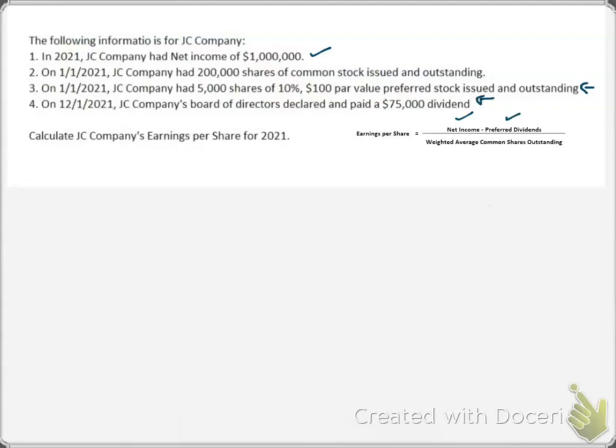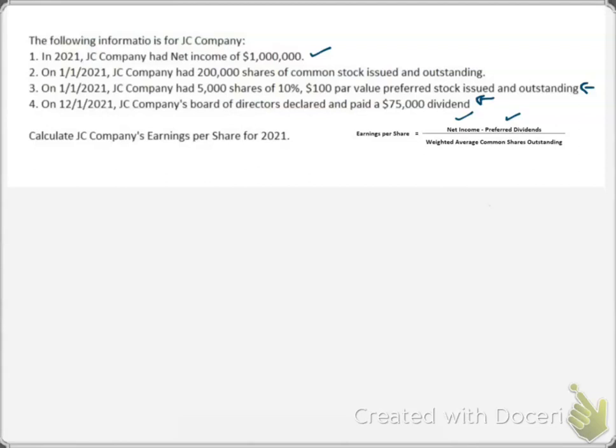Item 3 says that the company had 5,000 shares of 10% $100 par value preferred stock issued and outstanding. So they had the entire year 5,000 shares of preferred stock. And then it says on December 1st, 2021, JC Company's board of directors declared and paid a $75,000 dividend.